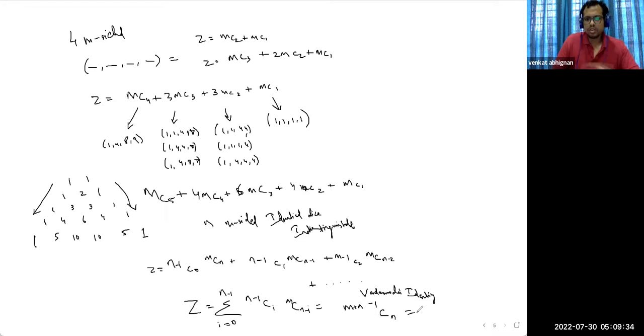And so this is the G from this m n-sided identical dice that I'll get. If you know the combinatorial, you can write it as this. So this is essentially the G, whatever we are interested in for the Blackbody.